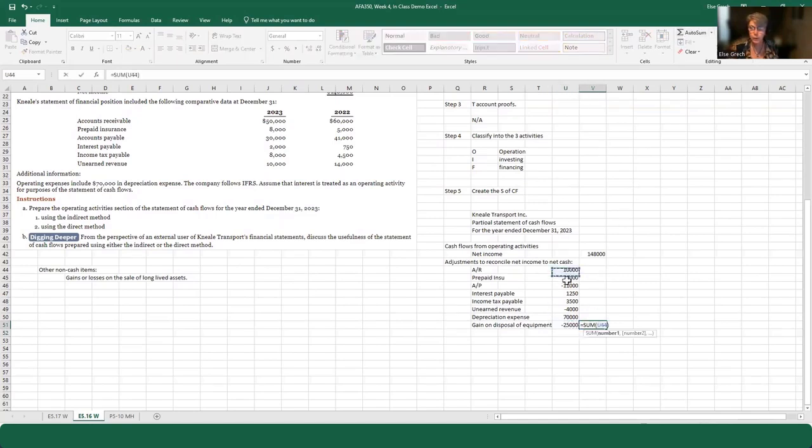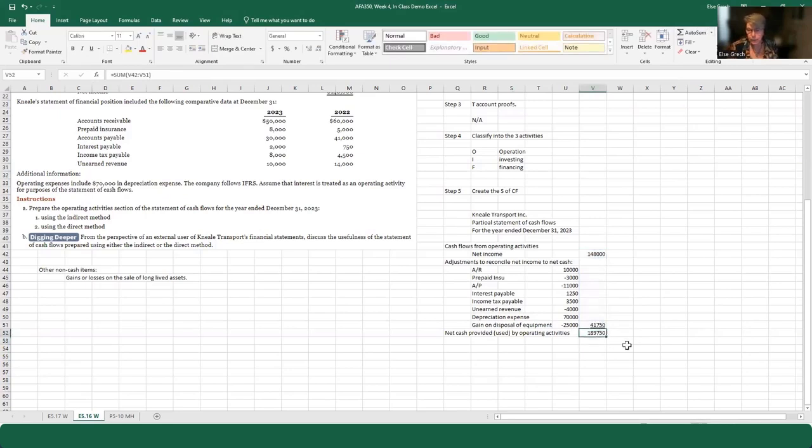So now I'm going to have the total of all of these. So let's do the auto sum. There we go. Total of all of these is 41,750. I'm now going to underline this, and I'm going to put net cash provided (used) by operating activities. There we go. And I'm going to take these two and add them together.